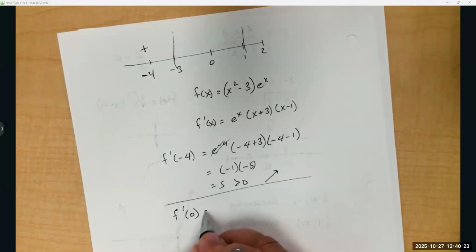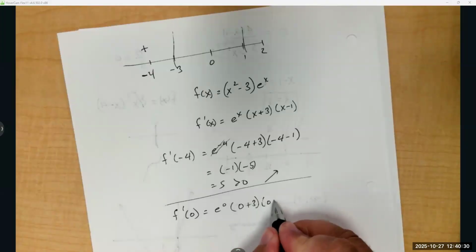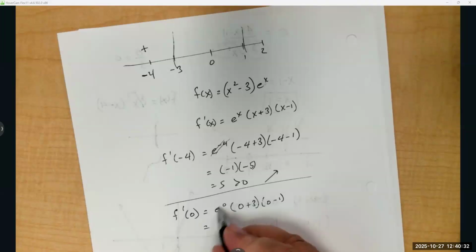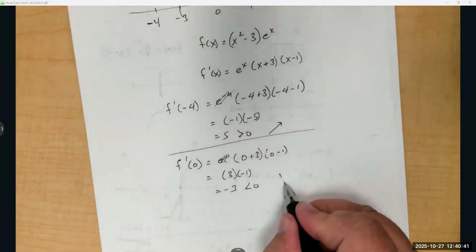At 0, e to the 0 doesn't matter, so we have +3 times -1, which makes it -3, less than 0, so it's decreasing.